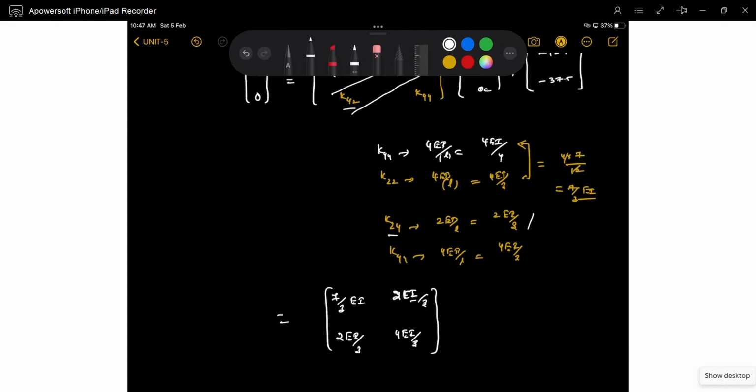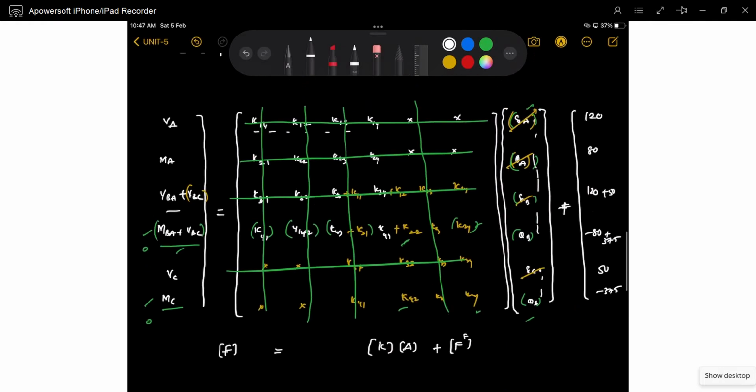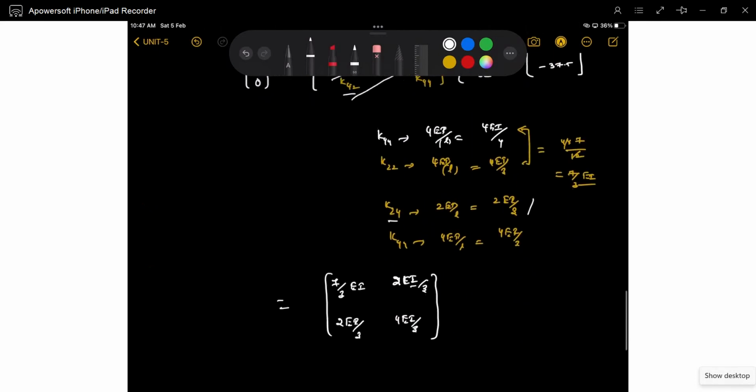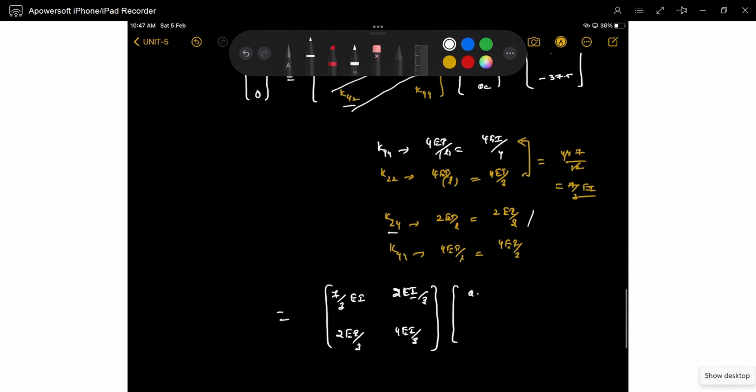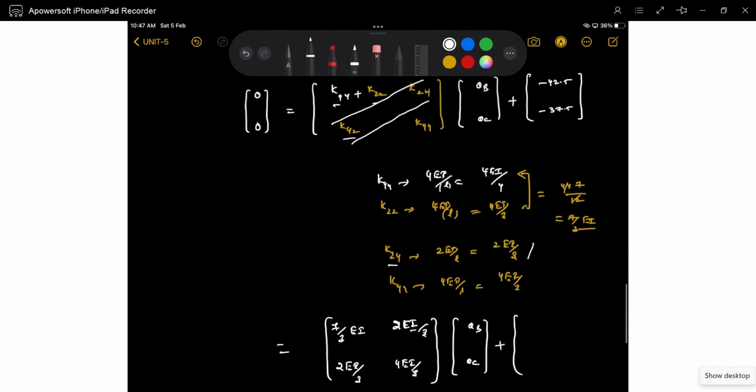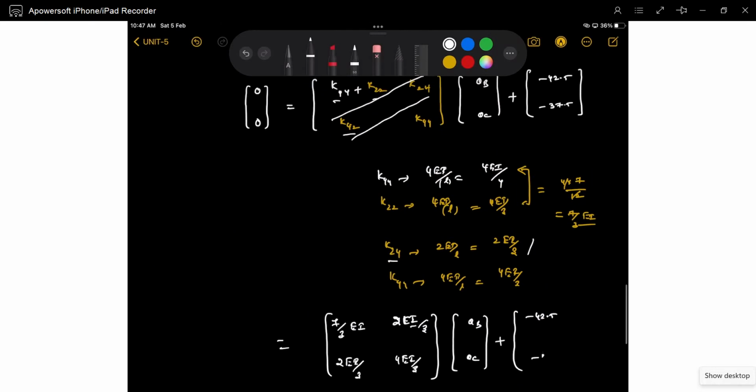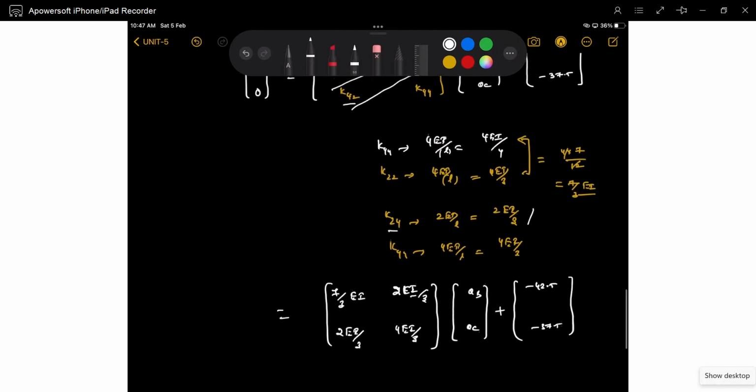Even if it is a combined matrix, the assembled matrix is also symmetric. You can remember it. So multiply with theta B, theta C plus minus 42.5, minus 37.5 is 0, 0.